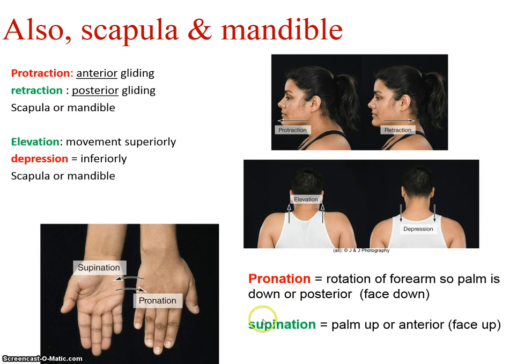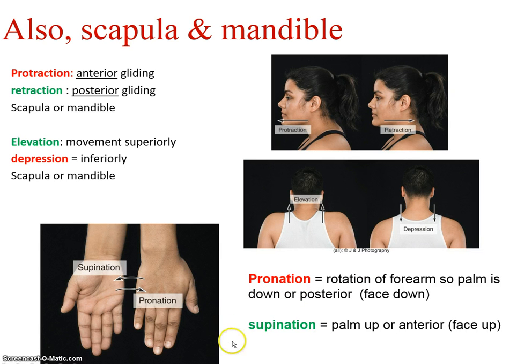Then pronation and supination, this is a description for that, again, that pivot joint between the ulna, radius, and making contact with the humerus too, so the elbow joint itself. So when you pronate, right, you are face down.